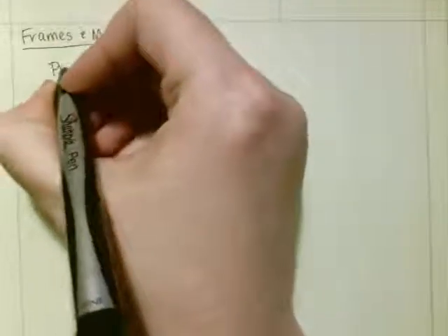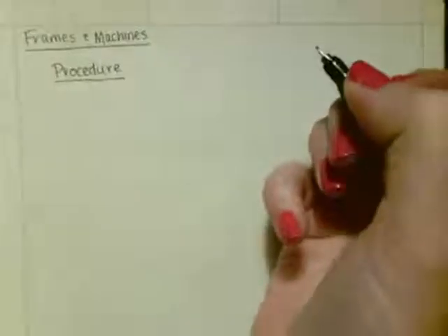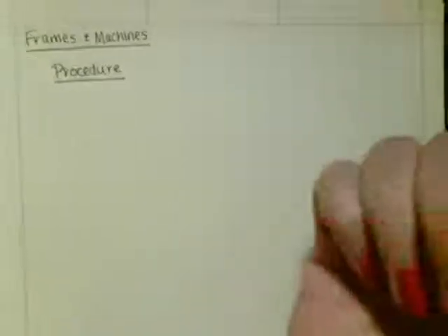So, for your procedure, and there are a ton of examples in your book, so feel free to look through them and try them yourselves, and then look at what they did in the book, because this is one of the most complicated topics.